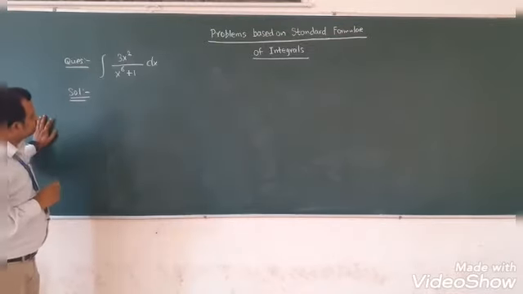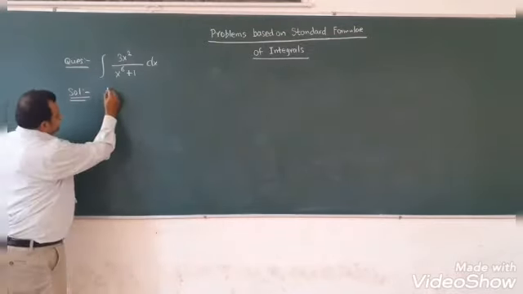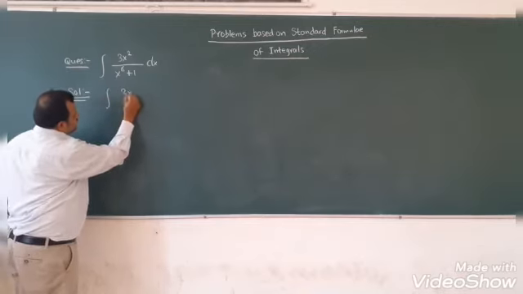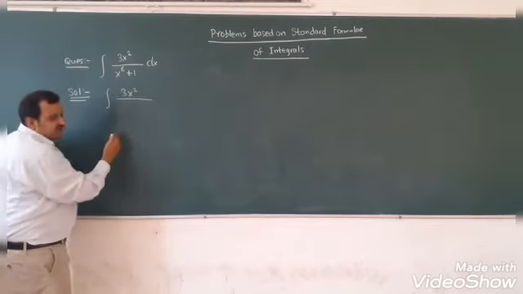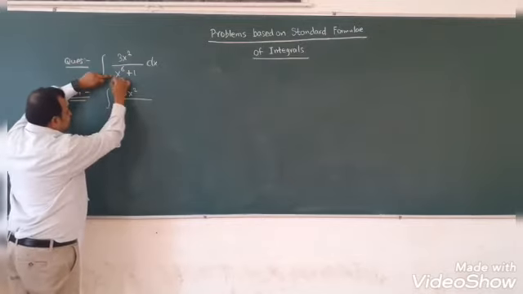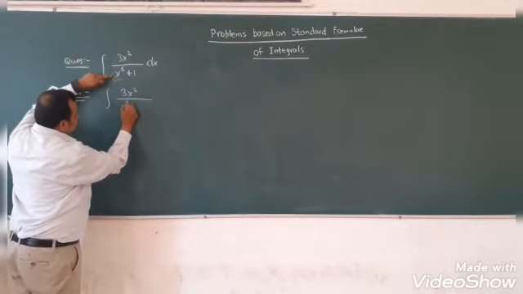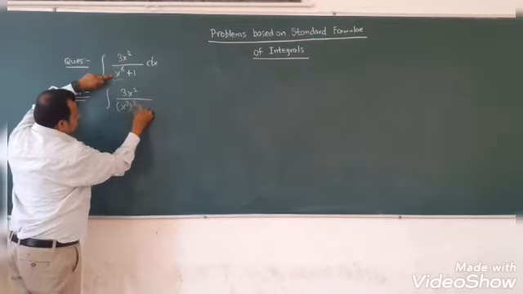Now see here. So this we can write as what actually? 3x square divided by (x cube) square plus 1 dx.